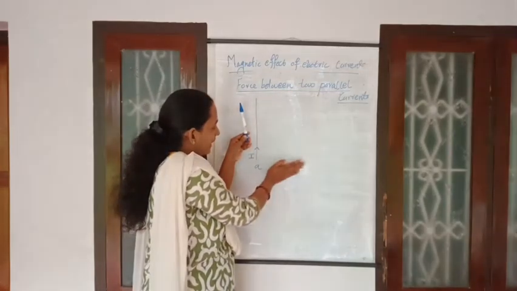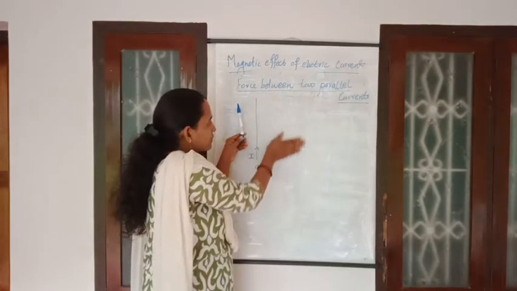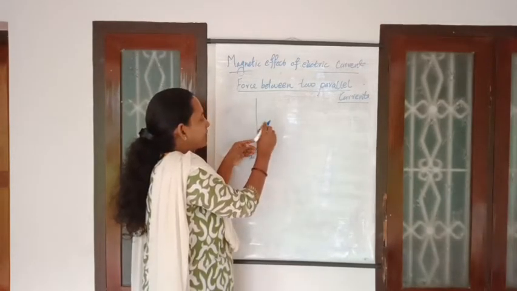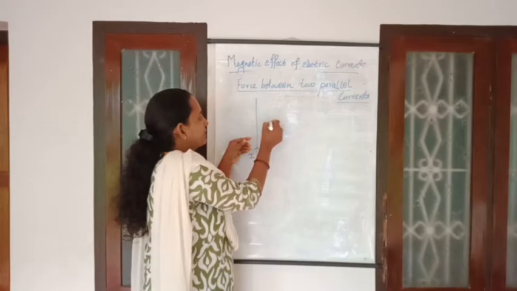On this side, your fingers move inward. Therefore, on this side the magnetic field is inward.